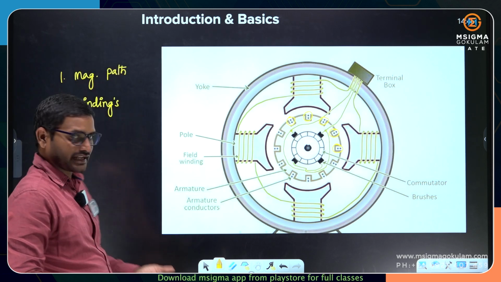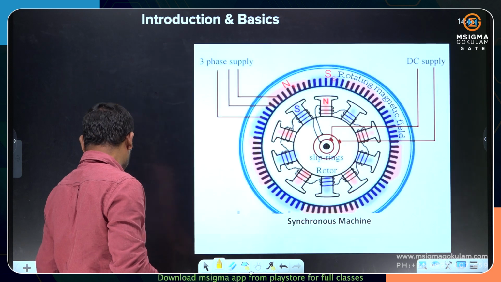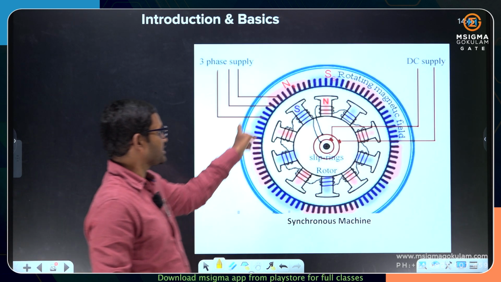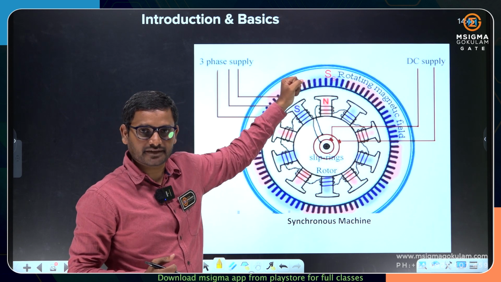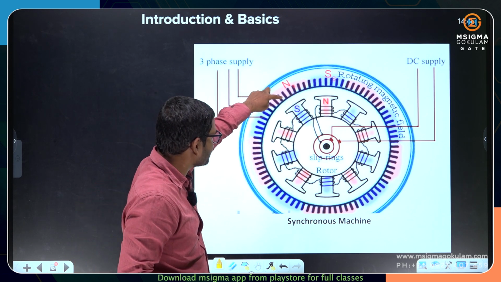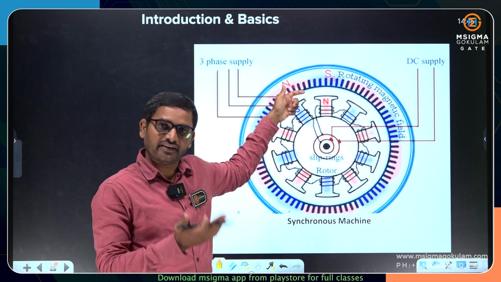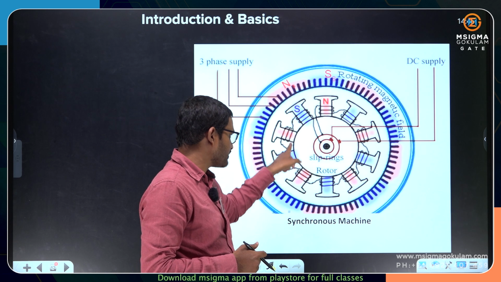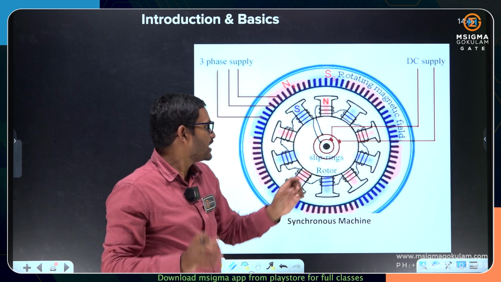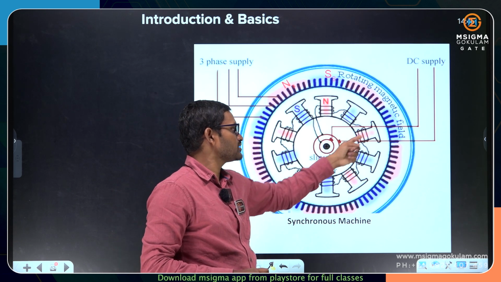Okay. Similarly, if you go ahead with the synchronous machine, the outer cylindrical area is the stationary part, and on the stationary part we have slots. Inside the slots we'll be placing the winding. Similarly, if you look at the rotating part, on the rotor surface we have projected some poles.